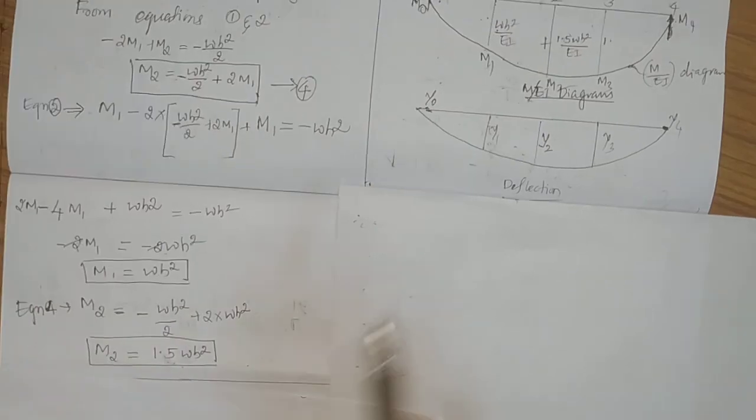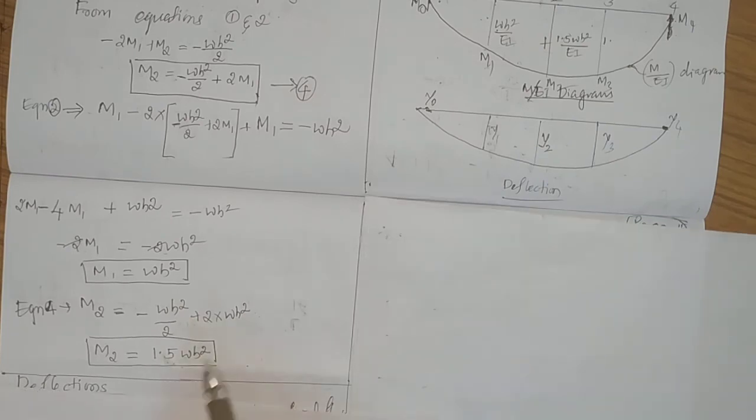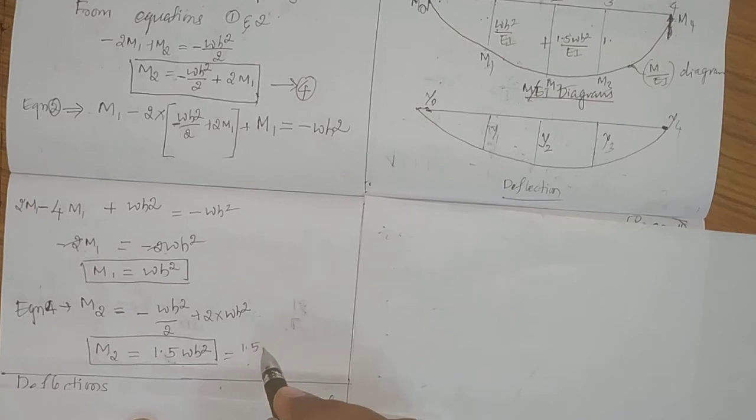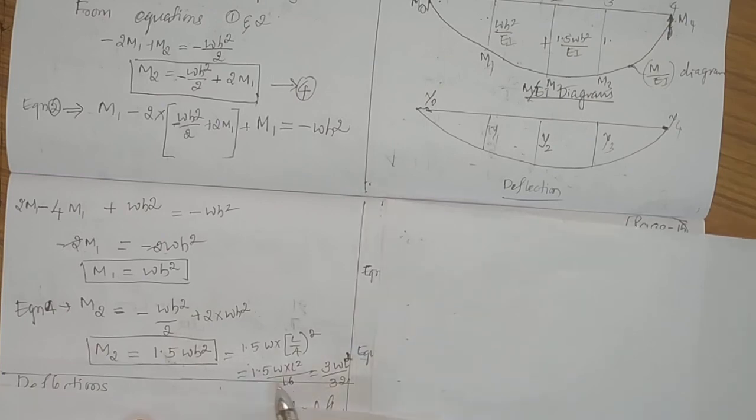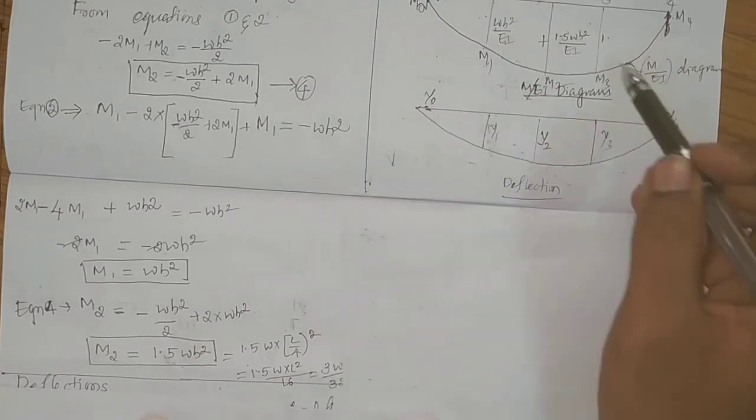So m2 is equal to 1.5 wh square, and you can substitute the value of h here, h is equal to L by 4, so that will become 1.5 w into L by 4 the whole square, L square by 16, so this will become 1.5 w L square by 16, or this will be 3 w L square divided by 32, because if you multiply this 1.5 by 2 here and 2 below, 3 into 32, so 3 WL square by 32 will be the maximum bending moment at the center, okay.